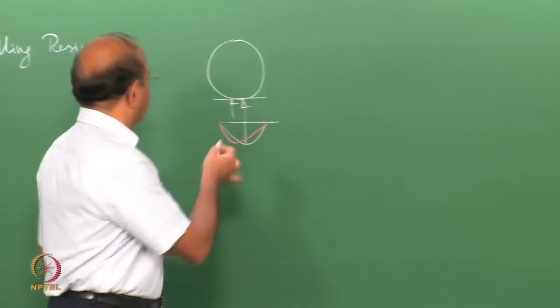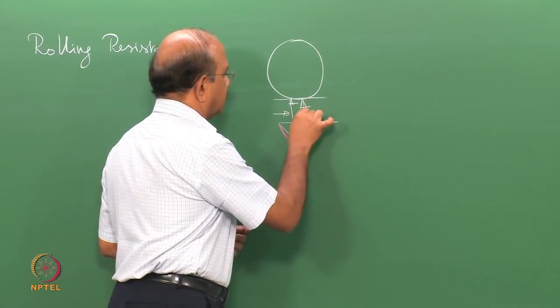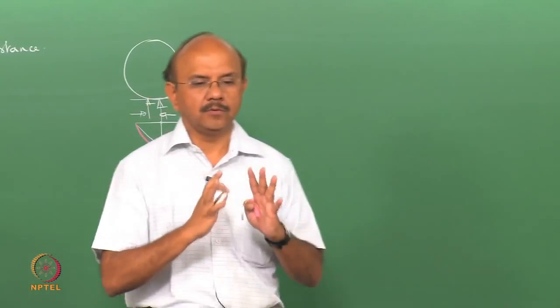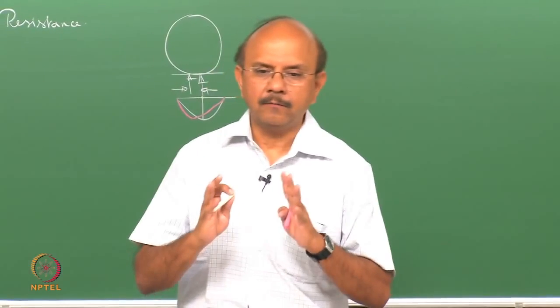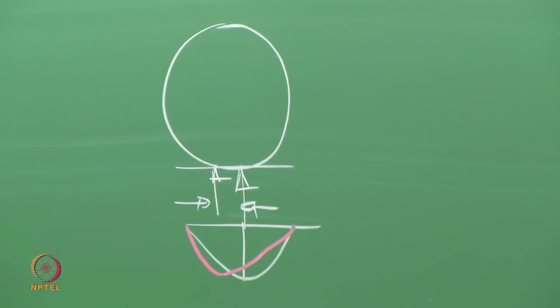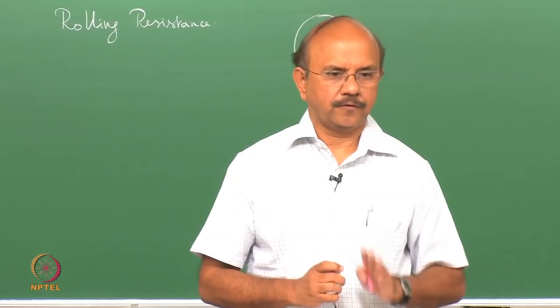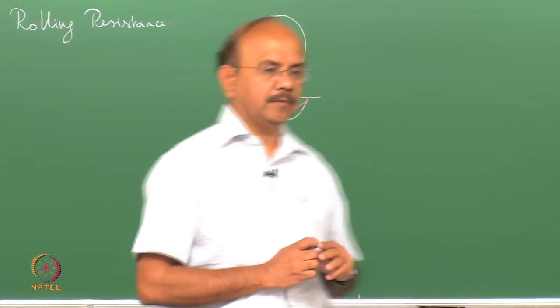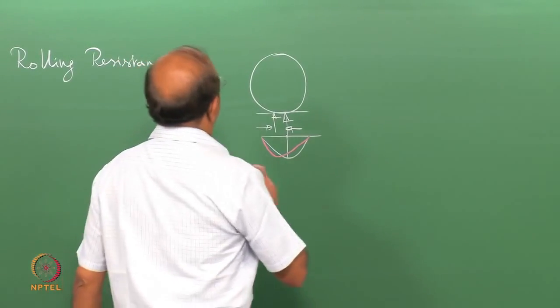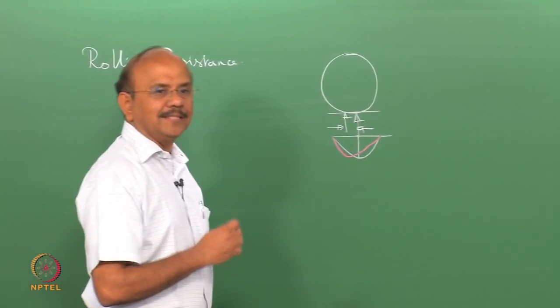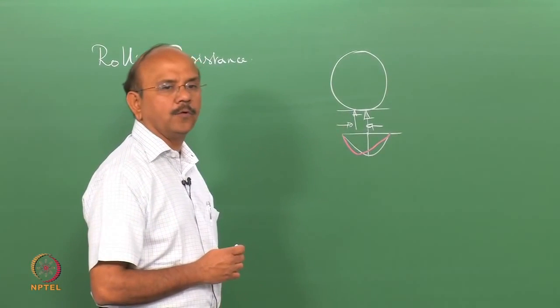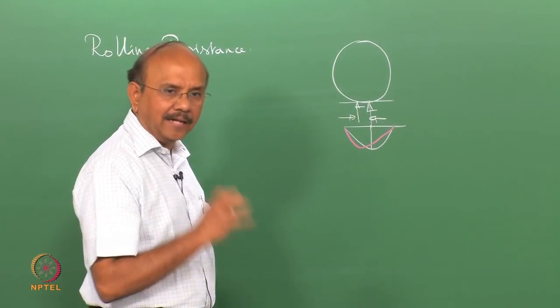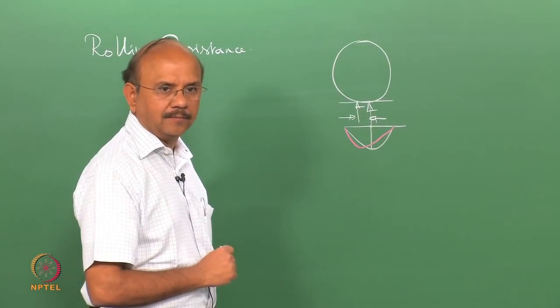We'll give specific names to these things later. We will not do it right now, but let us understand first that there is a shift, there is a trail. Now, this force is the reality because of viscoelasticity.